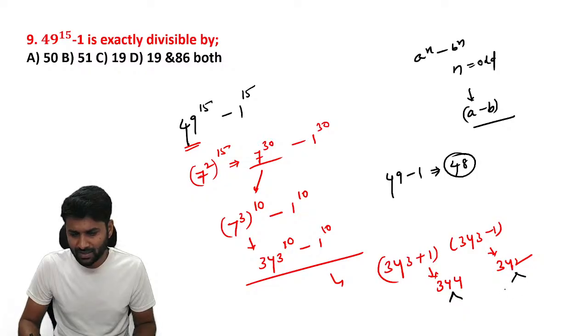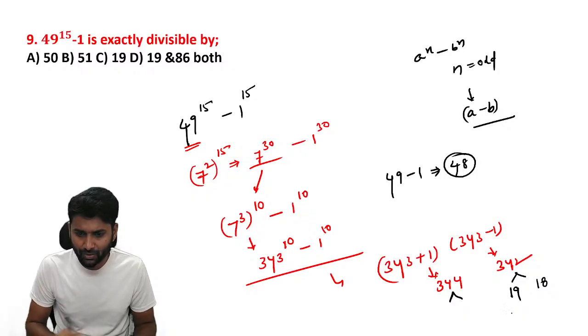It's not divisible by 8 also. 342, if you check, it's a product value. What is the product value of 342? 19 is multiplied with 18.